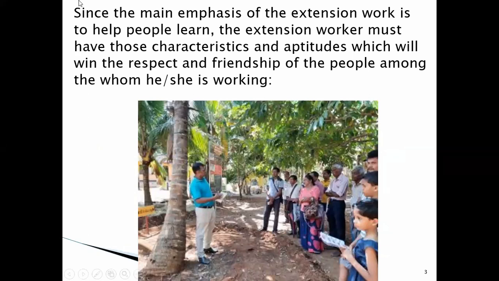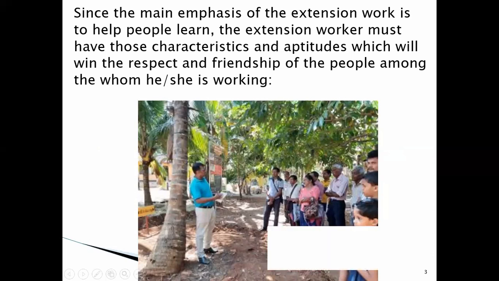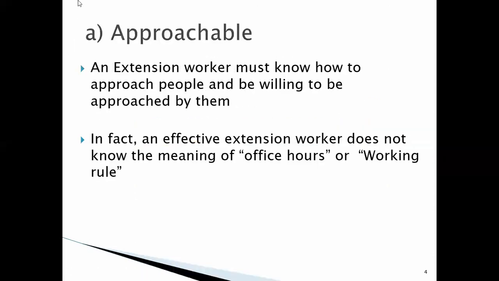When you are an extension officer, you should possess some characters. First of all, you should be approachable. Approachable means an extension worker must know how to approach people, because you are going to connect with different sets of people, the farming community.